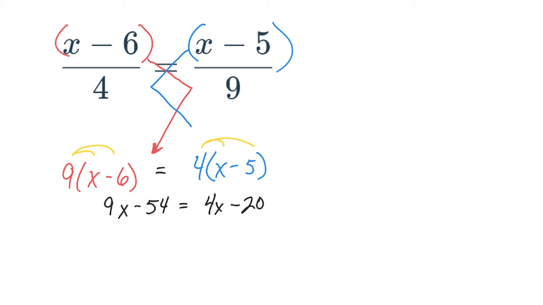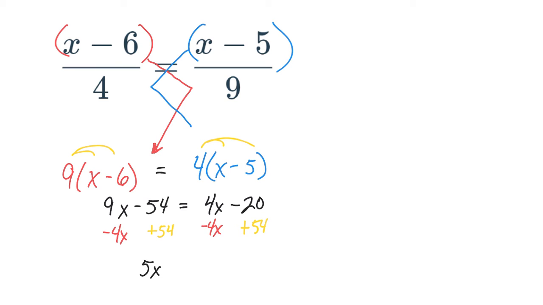We then solve for x. We're going to move the 4x over to join the 9x, making 5x. And we will move the negative 54 over to the negative 20.